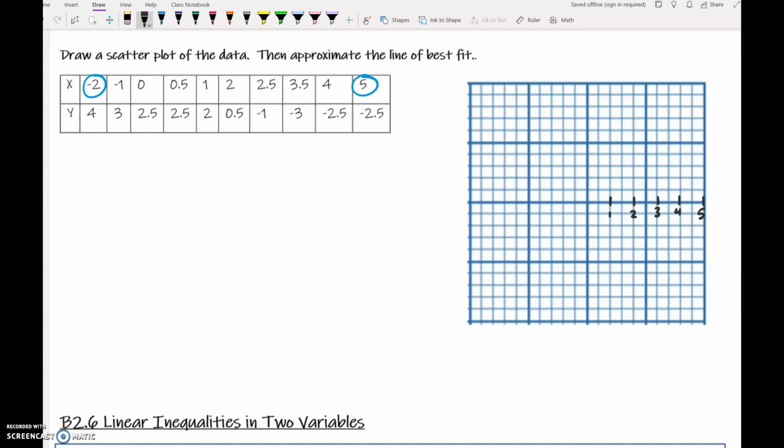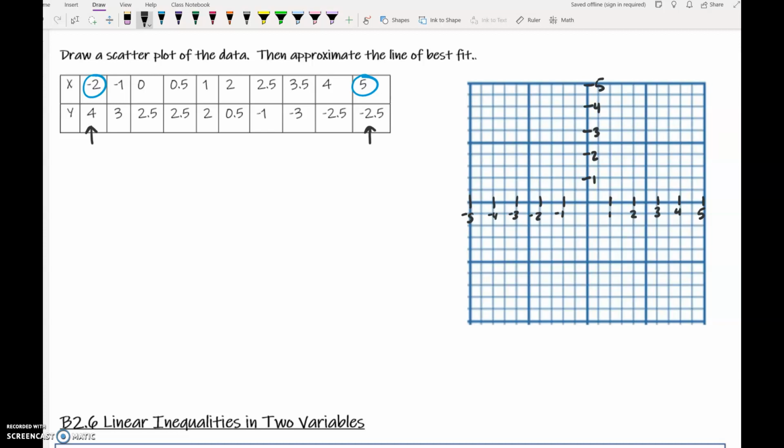So then over here we've got negative 1, negative 2, negative 3, negative 4, negative 5. You don't have to do the same scale on the x and the y axis, but in this case it looks like it might be the best. Our biggest y value is 4 and our smallest y value is negative 2.5. So doing that same exact scale on the y-axis would be helpful.